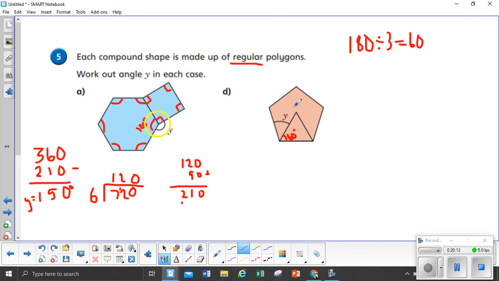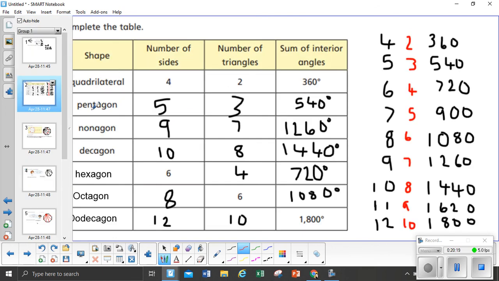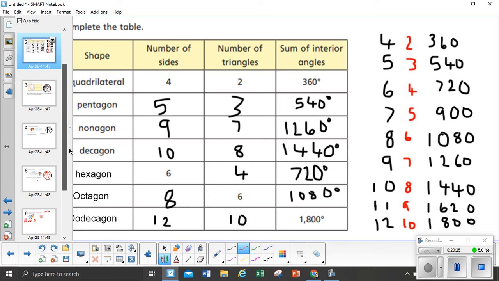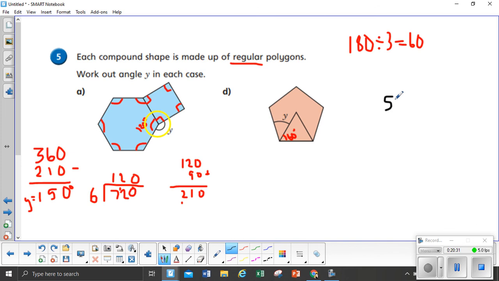Now in a regular pentagon, if I look back at my chart, pentagon, 5 sides, sum of interior angles is 540. I've got to divide it by how many interior angles I've got.